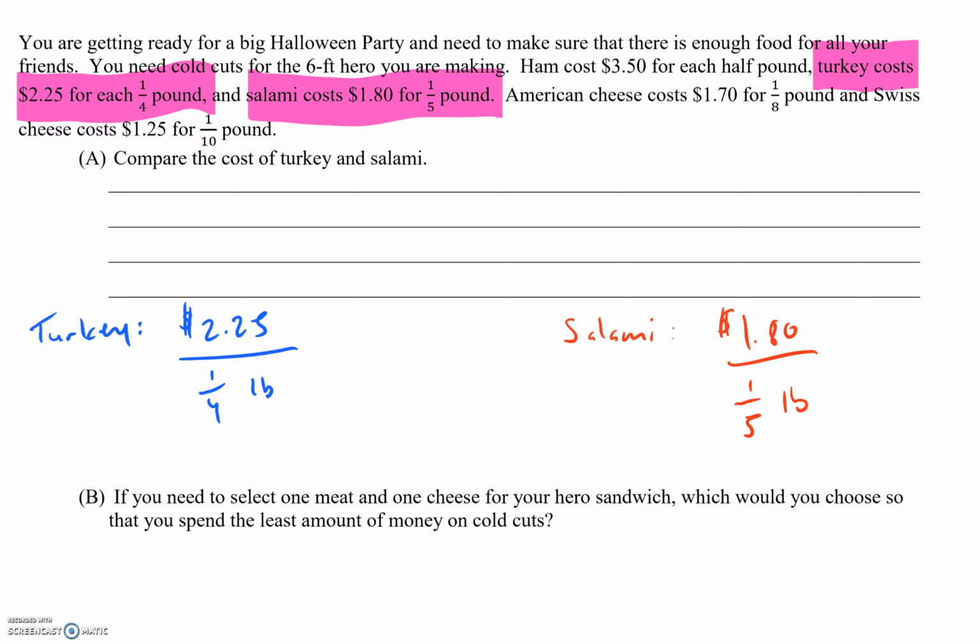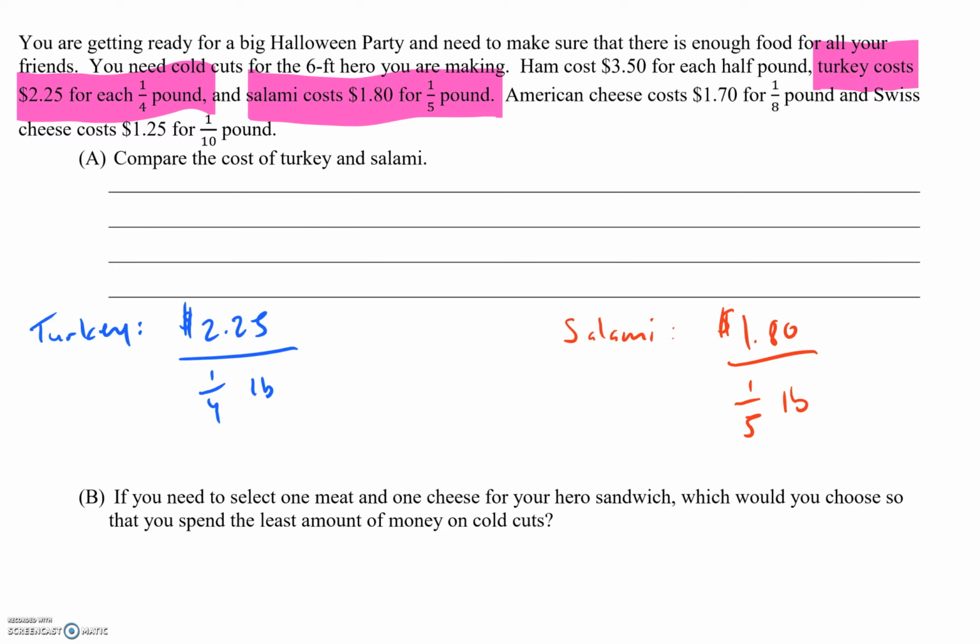Now, this is just like the Mickey Mouse and Minnie question. You can't compare what Mickey does in 10 minutes to what Minnie does in 6 minutes. Alright, so we can't compare the cost of something that weighs 1/4 of a pound and if the other thing is 1/5 of a pound. It just does not work like that. So find the unit rate for both.